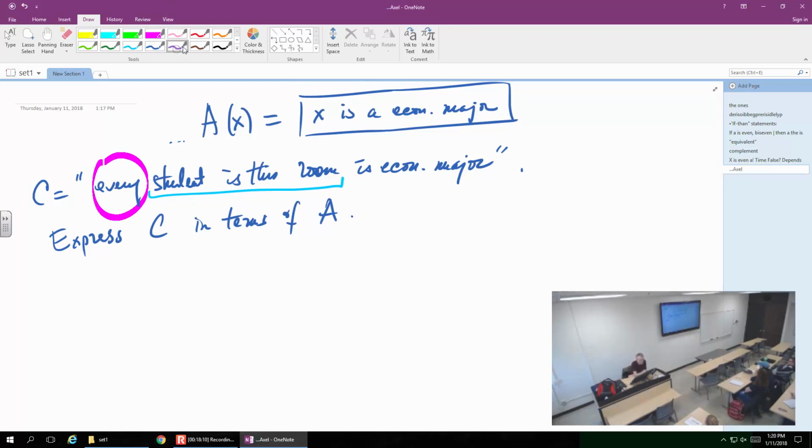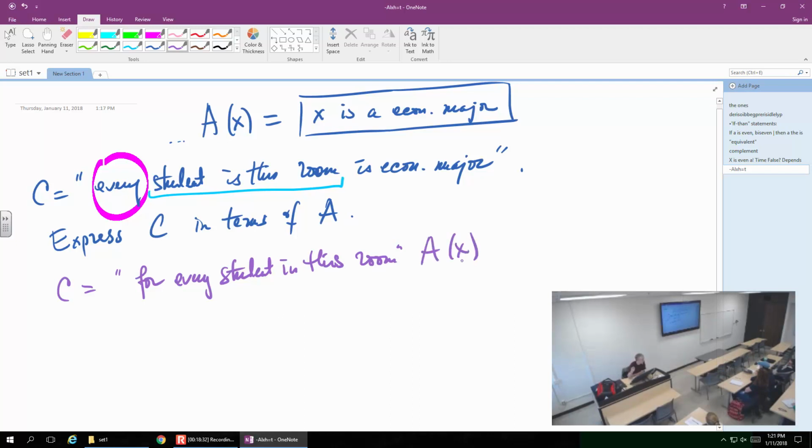So this is how we would start moving in that direction. I would say C is equal to, well, here it is, for every student in this room, that's the preamble. And that's the actual statement. Maybe a comma here if you like.